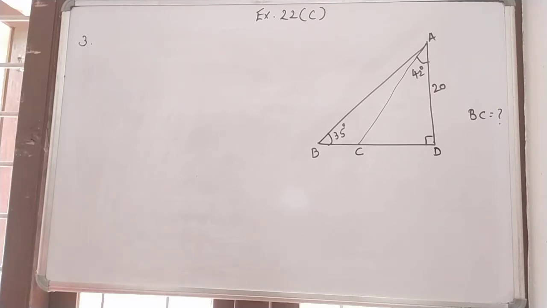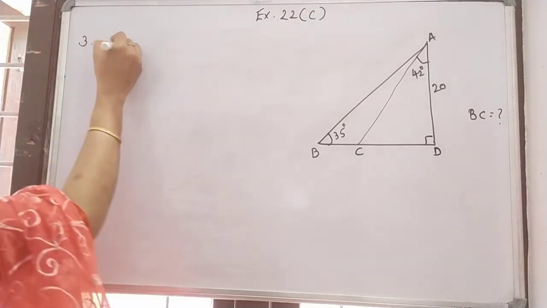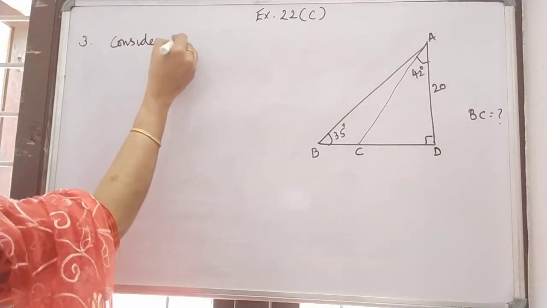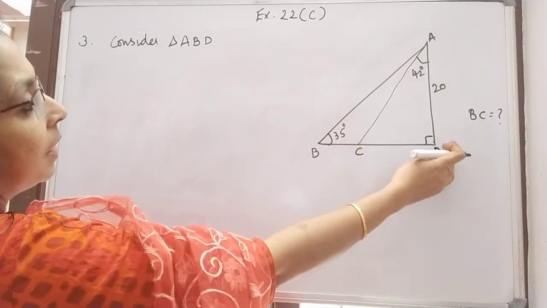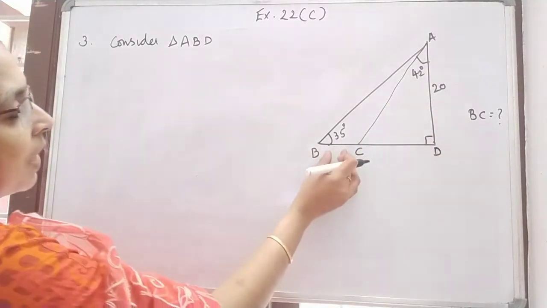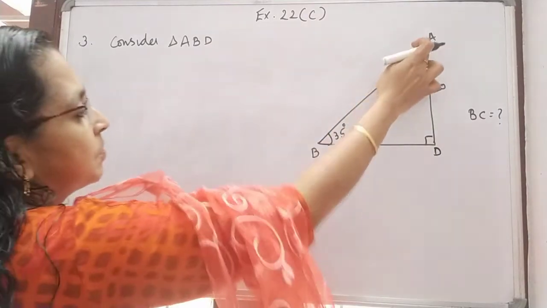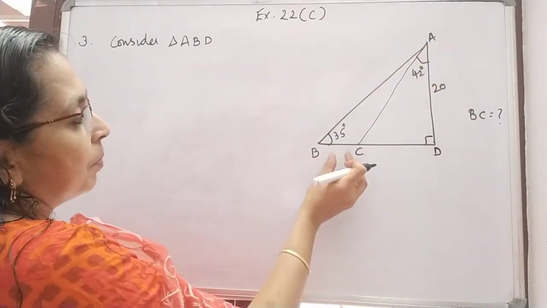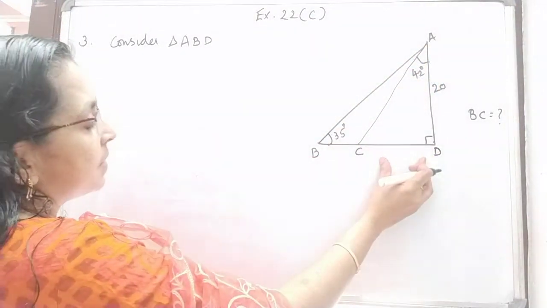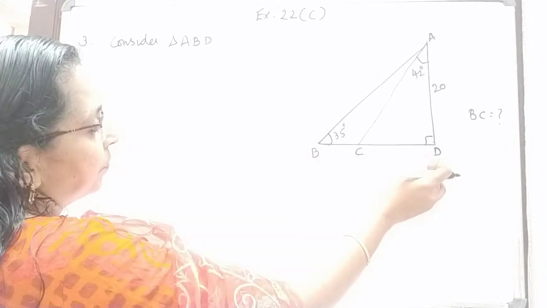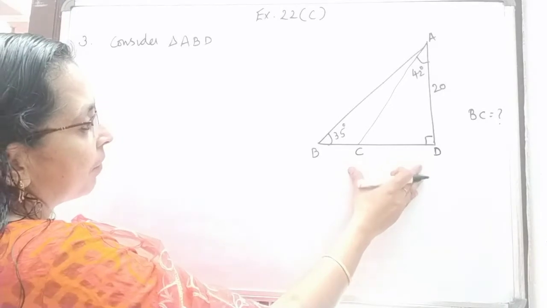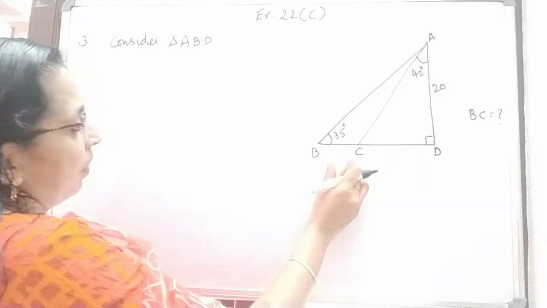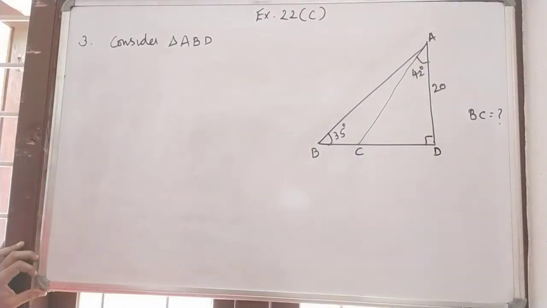So if we consider triangle ABD, AD is 20, and BC we have to find out. That means if we consider this big triangle ABD, BC plus CD is BD. So if we get the total BD, from there we can find BC. Which ratio do we have to take?